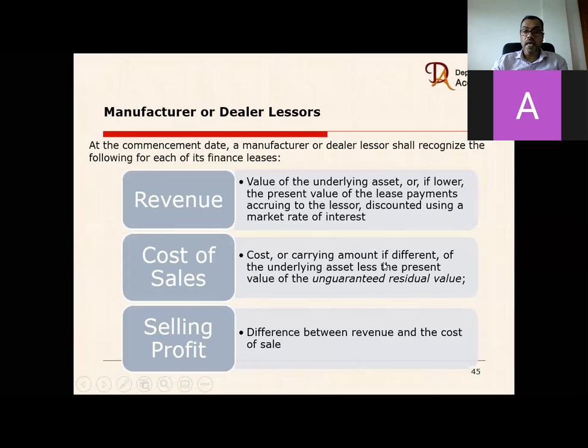The cost is the carrying amount, if different, of the underlying asset less the present value of the unguaranteed residual value, if there is any; that also has to be deducted. So whatever the amount finally, the cost of the asset, simply speaking, is the price that you paid to acquire that asset, or the total cost to manufacture that asset.